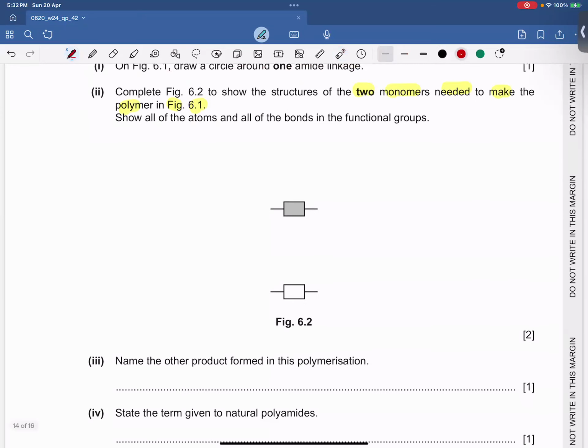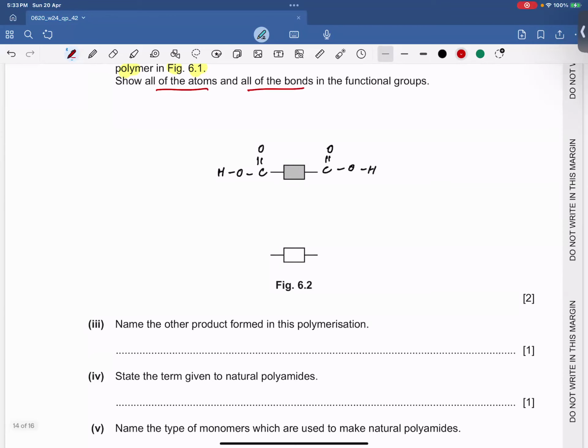So I'm going to write here. This is COOH. This is COOH. An examiner is looking for all the atoms and all the bonds, which means you need to mention the displayed formula. This is NH2 and this is NH2.